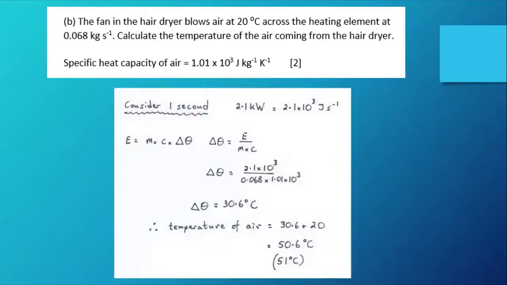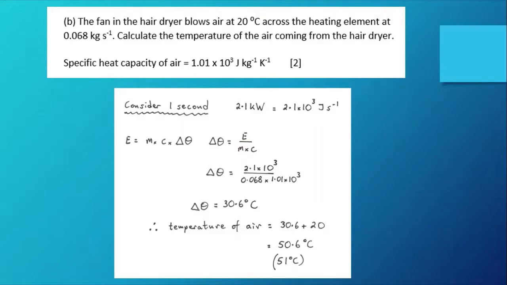Well, we're going to consider 1 second. And 2.1 kilowatts is 2.1 times 10 to the 3 joules per second. E equals m c delta theta. So delta theta equals 2.1 times 10 to the 3 over the mass delivered in 1 second, 0.068, times c, the specific heat capacity of the air.